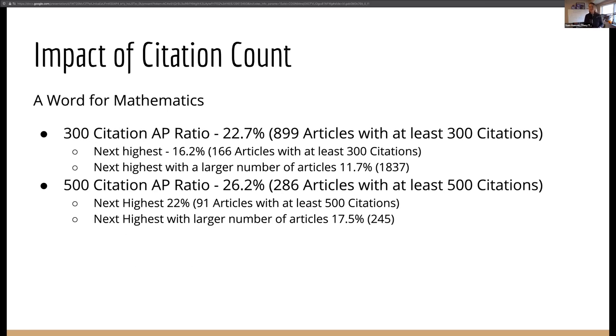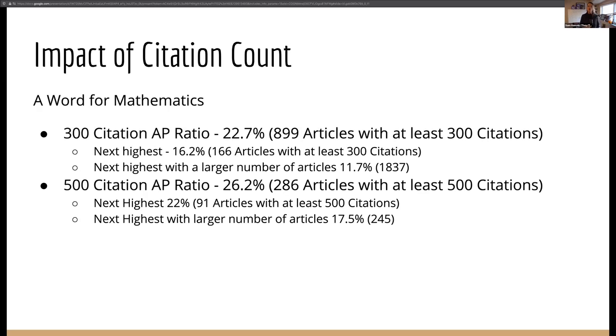But the next closest in both of those cases had a significantly smaller population of articles. There are 819 math articles with at least 300 citations, and the next highest only had 166. And then for 500, there's 286 versus 91.